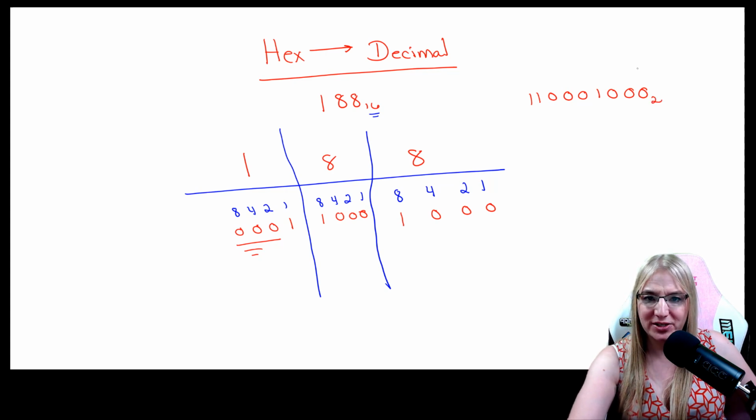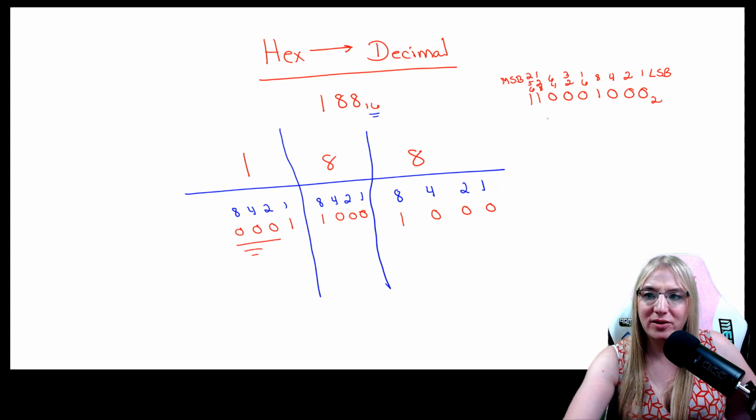If I want to convert this back to decimal now, all I got to do is first identify my scale. So this will be my LSB side over here, least significant bit, to most significant bit over here. I'm going to make my little scale here. So we got 1, 2, 4, 8, 16, 32, 64, 128, and then 256.